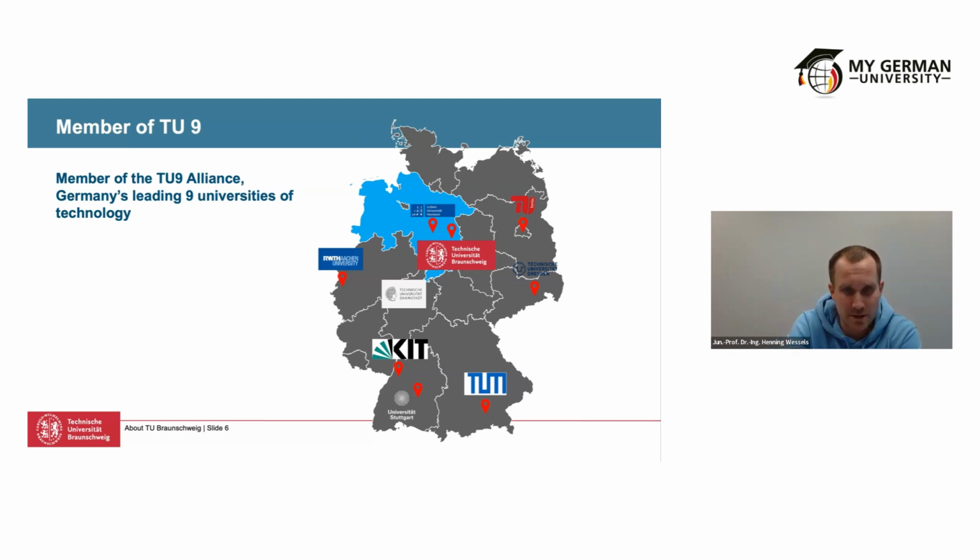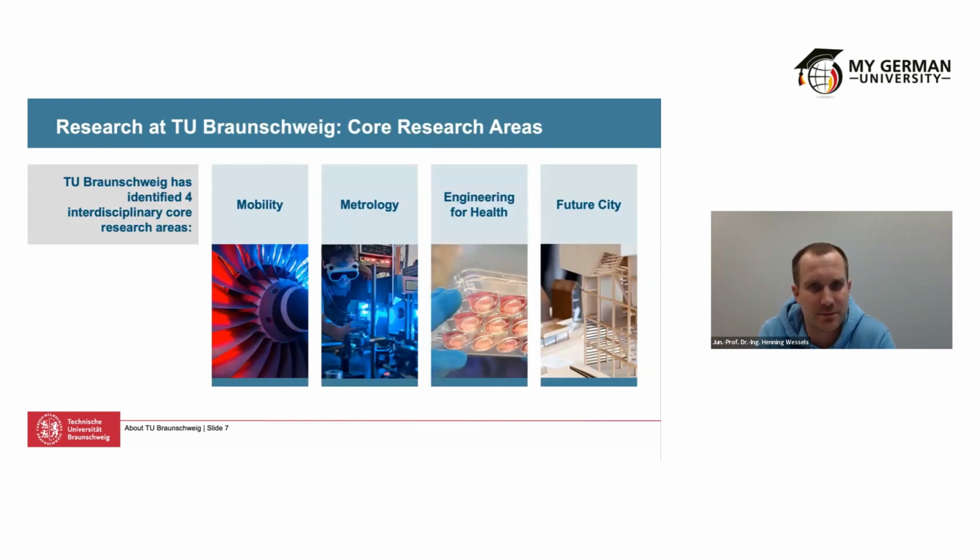We are a member of the 9 leading technical universities. So this is just a university network, to say. And here we have 4 core research areas. The first is mobility, which is not surprising since I said that we have Volkswagen nearby. Metrology, also not surprising.